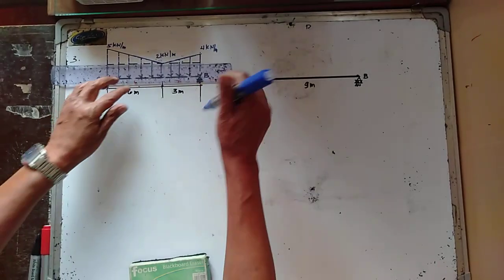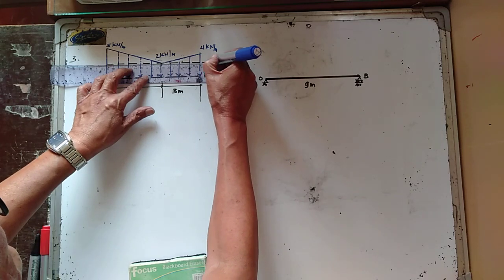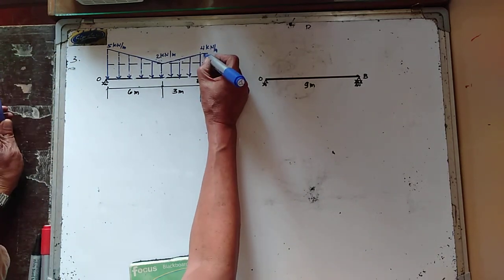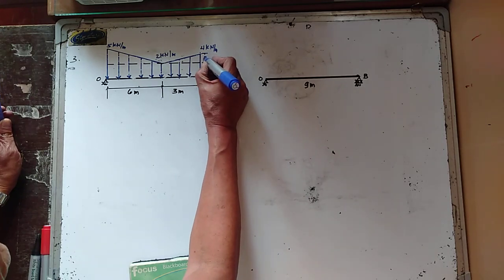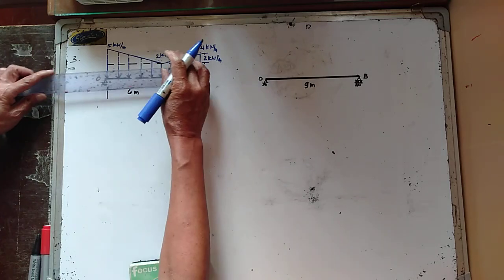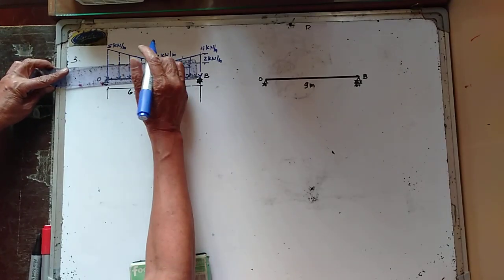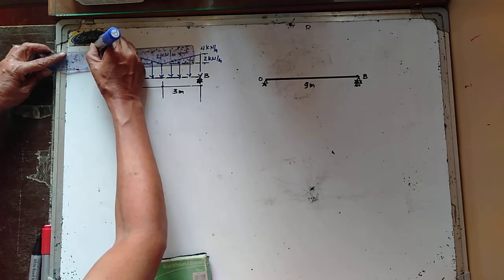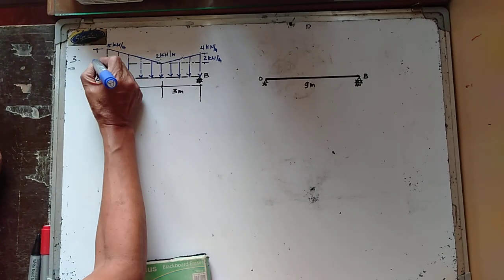Such that this one in here is now equal to 2 kilonewton per meter. And this one is equal to 5 minus 2, so we have 3 kilonewton per meter.